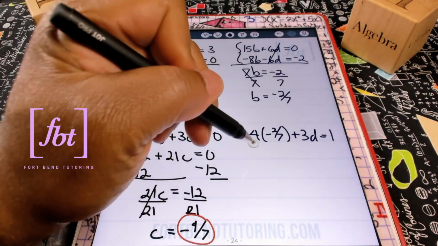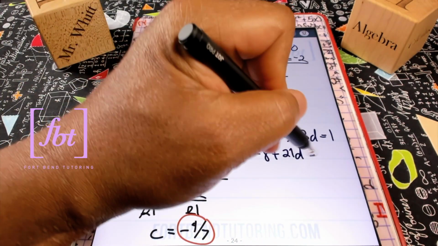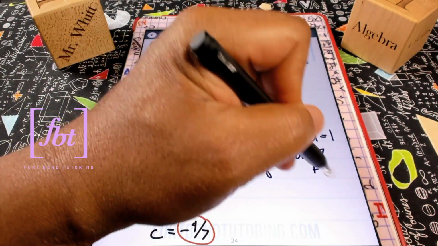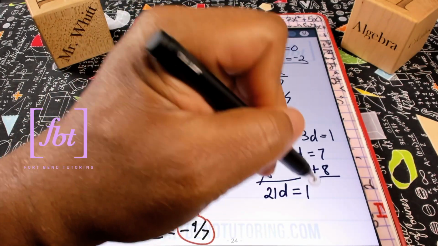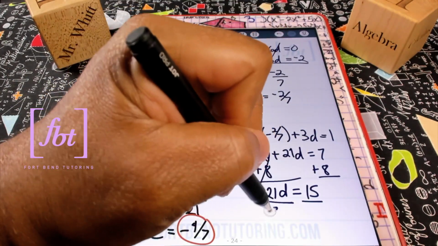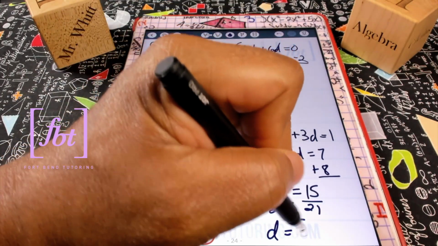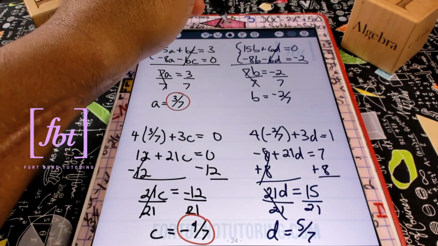Multiplying each term by 7, you'll have -8 plus 21D equals 7. From here, I'll add 8 to both sides, which gives me 21D equals 15. Dividing both sides by 21 simplifies to give you a value of D, which equals 5/7. Let's once again hold on to these values.